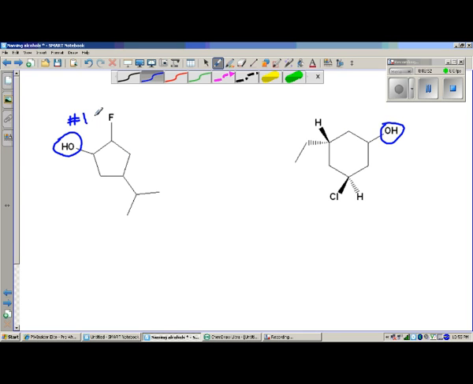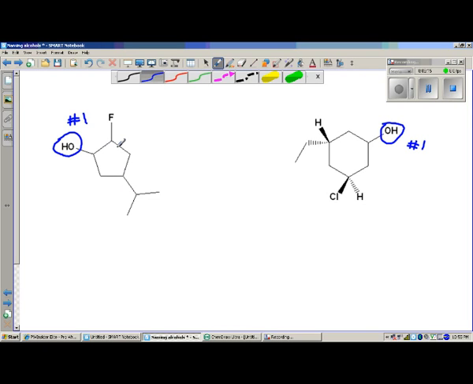It's like it's the top dog in the molecule. No matter what the molecule looks like, no matter what else is on there, Dwayne Johnson could be standing on here. The fact is the alcohol carbon still has assignment number 1. And then you just number all the other substituents relative to that.